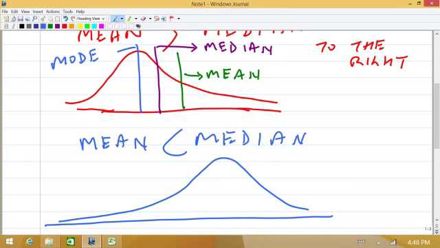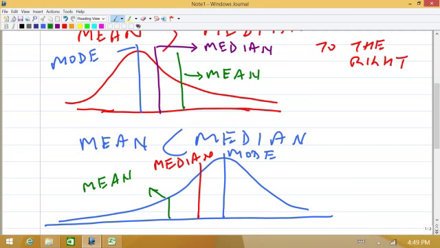Mean is less than median. The blue line is mode. Again, mode is always the peak. Then the red line is the median, and the green line is the mean.